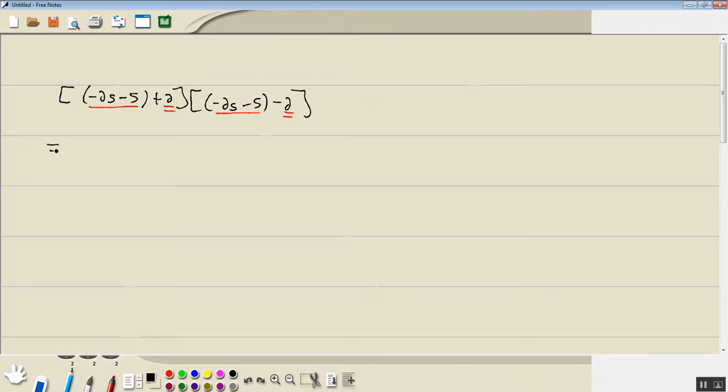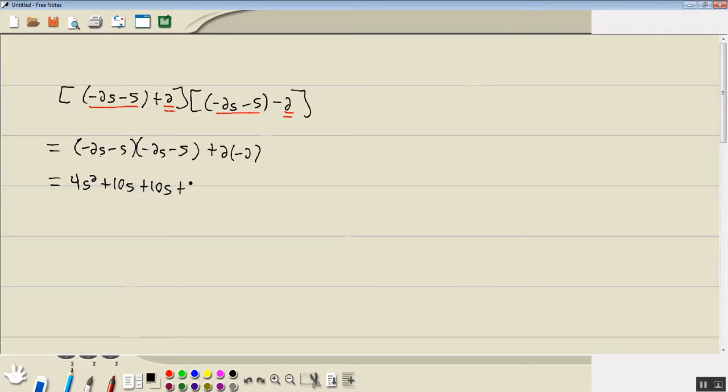Nice part about conjugates is all you have to do is multiply your first parts together. So we'll take negative 2s minus 5 times negative 2s minus 5. And then we'll multiply the last parts together. So we'll have 2 times negative 2. Negative 2s times negative 2s gives us a positive 4s squared. Negative 2s times negative 5 gives us a positive 10s. Negative 5 times negative 2s is a positive 10s.